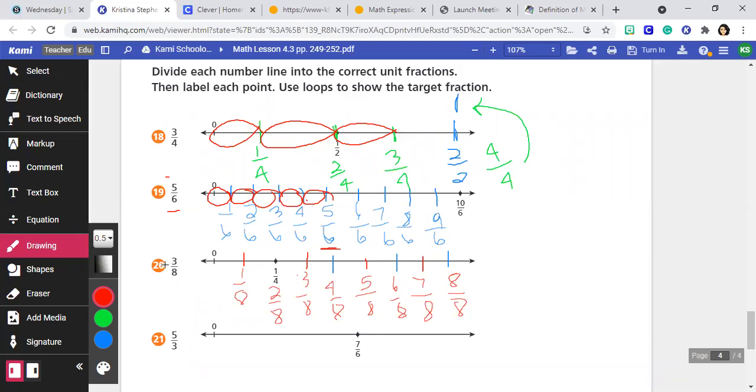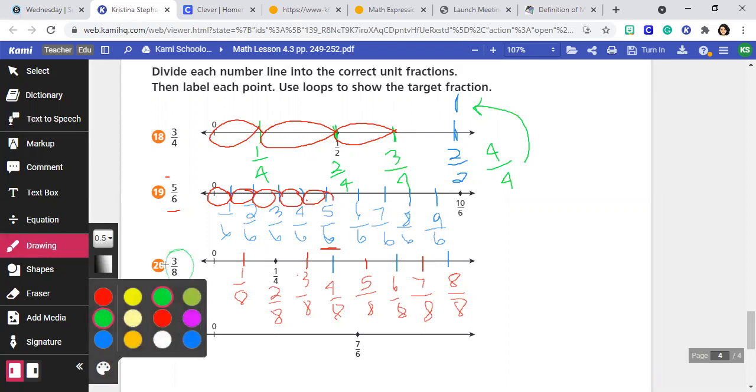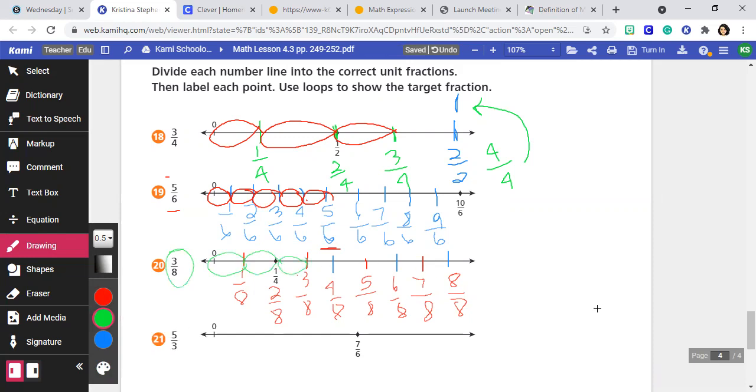My target fraction is 3/8. So now I'm going to loop to show that target fraction. I know I switched colors on you here. 1, 2, 3. So I've looped to show the target fraction of 3/8, which is right here.